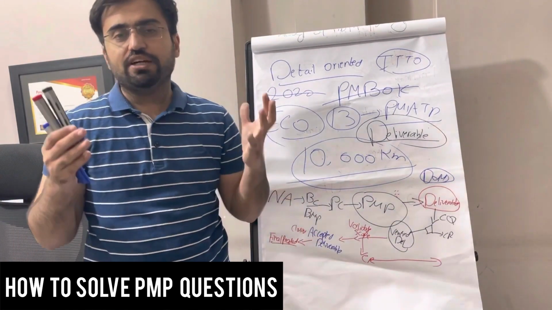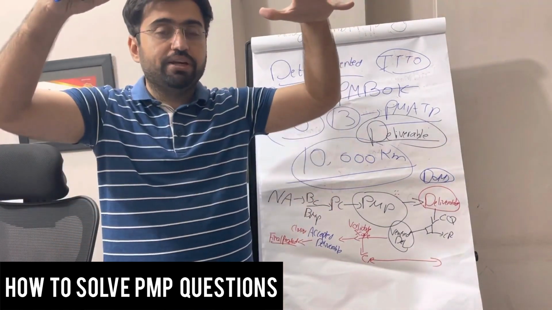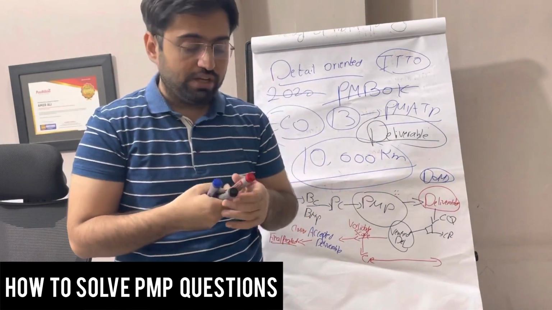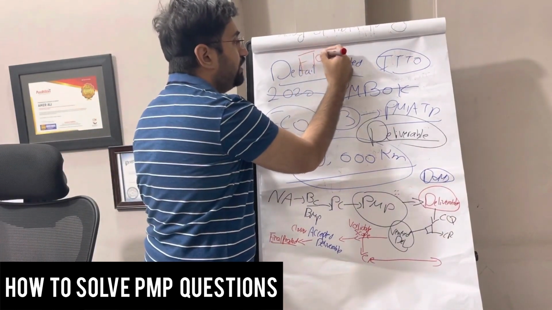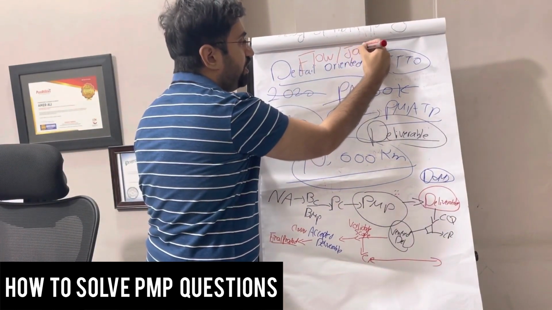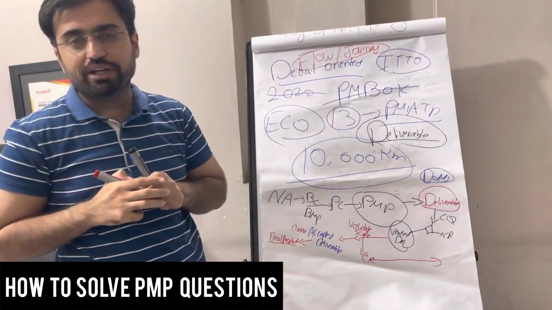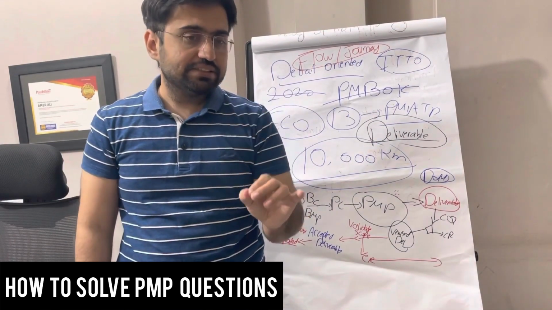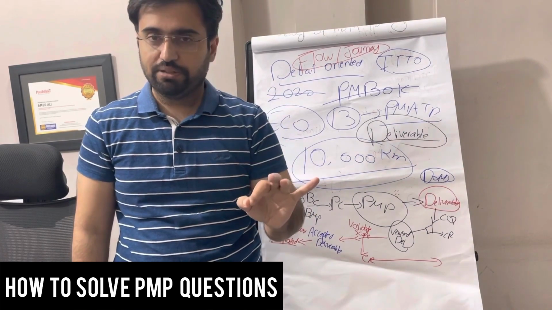So this is called the journey of the deliverable. This is basically looking at the bigger picture, then going into the details, understanding the flow. This is very important in the new PMP. Flow is the key, as I say, journey, understanding how all those things add into the bigger picture and how we can clear the PMP. This is the best way to solve the question. This is the best way to understand PMP.